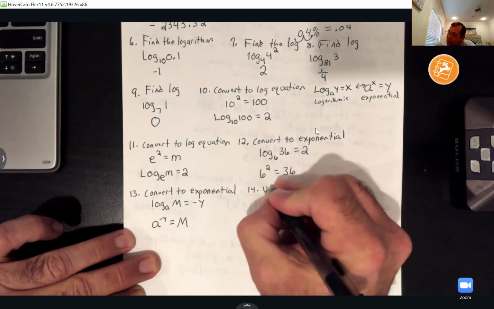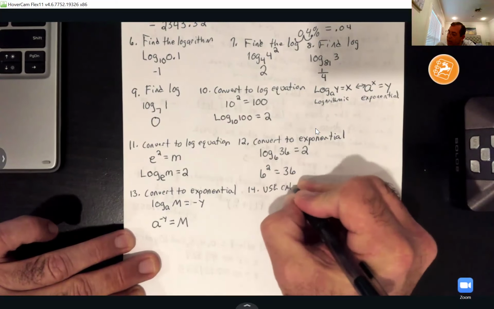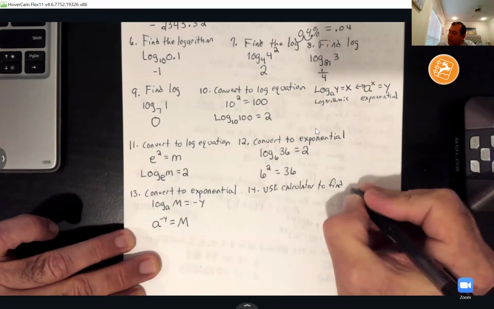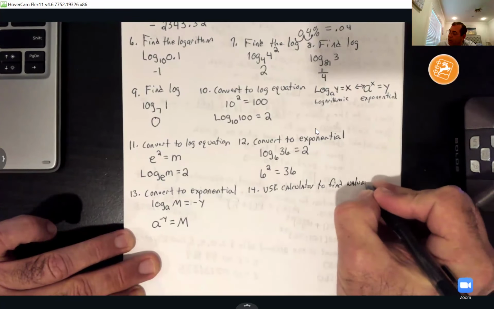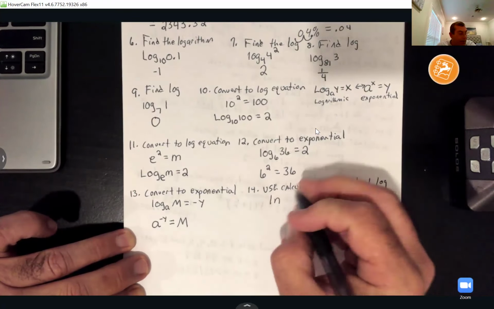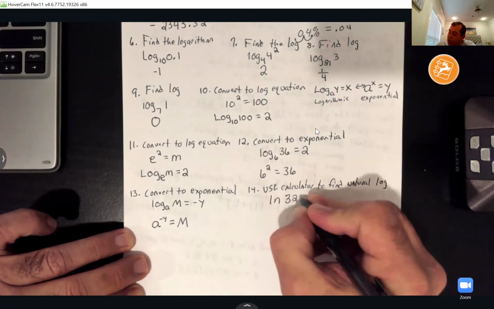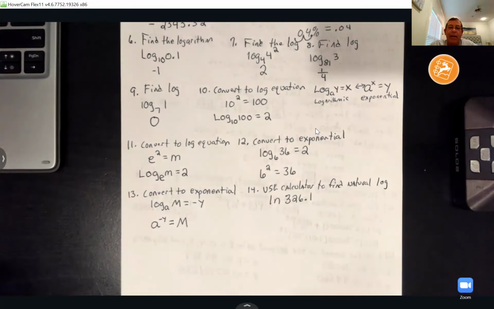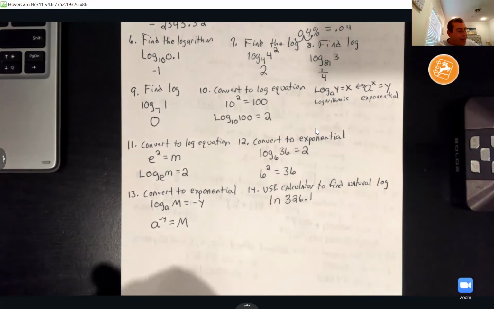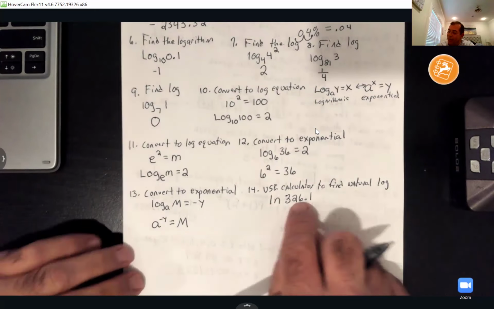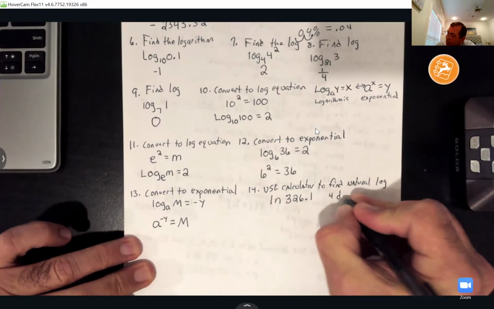All right, 14 says use calculator to find natural log. So they're giving me a ln of 326.1. Well, the LN's on the front of your calculator. So punch that in, and I need y'all to round that to 4 decimal places. So they want 4 decimal places on this one.